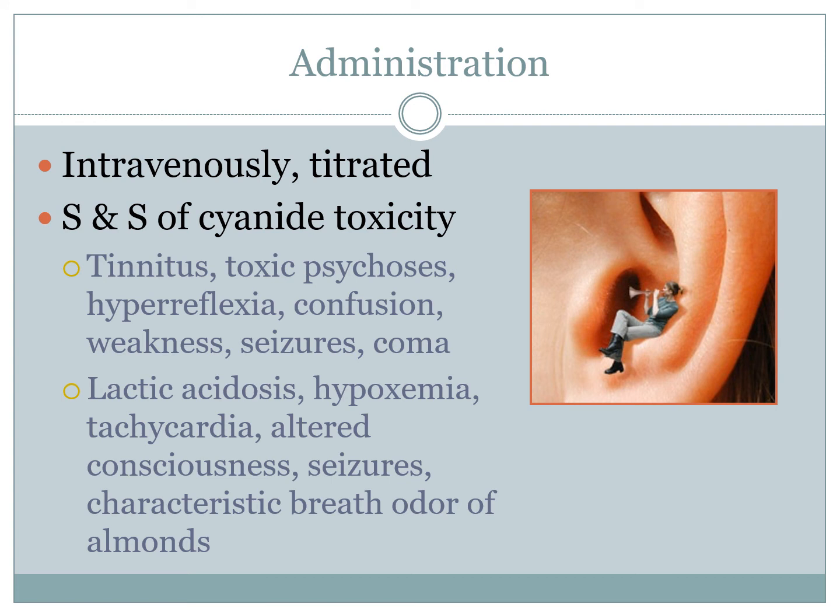So we like to just mention a few signs and symptoms of cyanide toxicity, and those include things like tinnitus, psychosis, confusion, seizures, coma, lactic acidosis. So there's lots of characteristics or signs and symptoms of cyanide toxicity, and I wouldn't spend too much time on it.